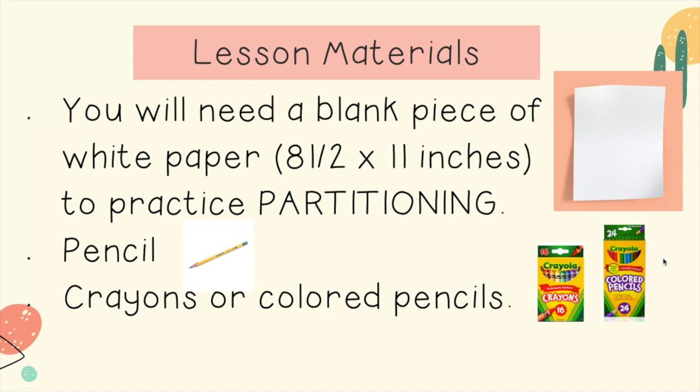Then we're going to use that paper to practice partitioning. You'll also need a pencil and then crayons or colored pencils. If you don't have a pencil, you can just use a black crayon or a black colored pencil. So if you need to, you can pause your video and go grab those materials and then unpause when you are done.